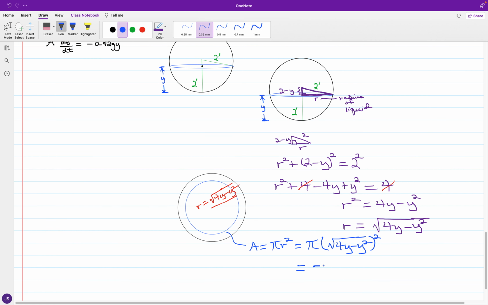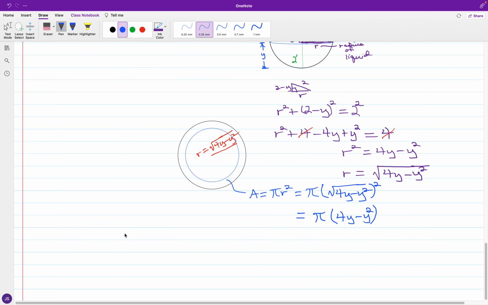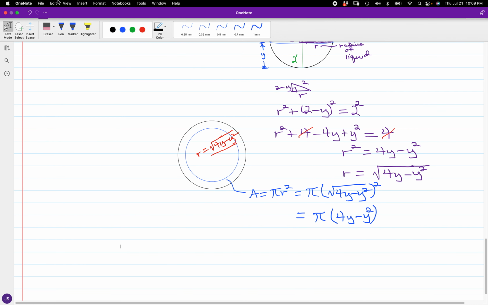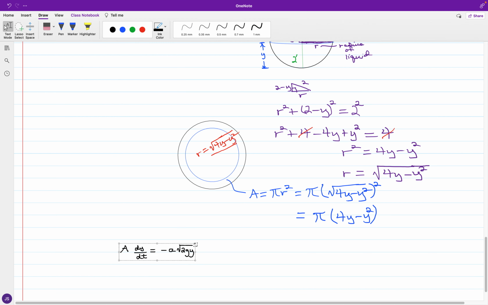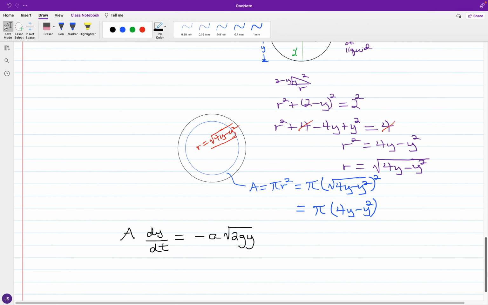So the cross-sectional area here is going to be pi times the quantity 4y minus y squared, times dy over dt.